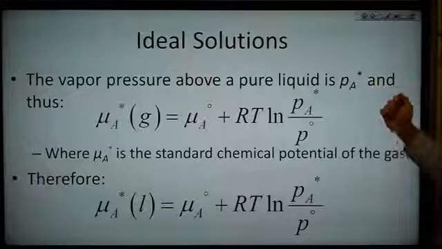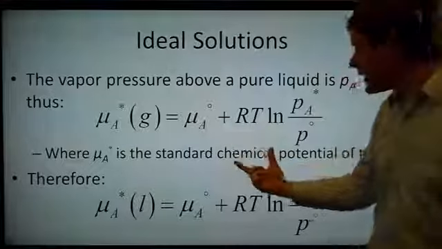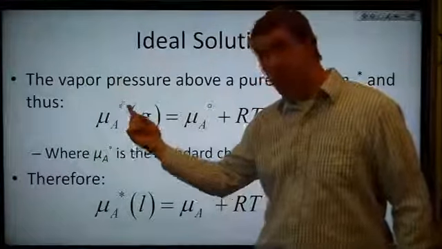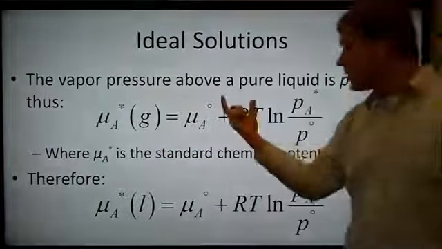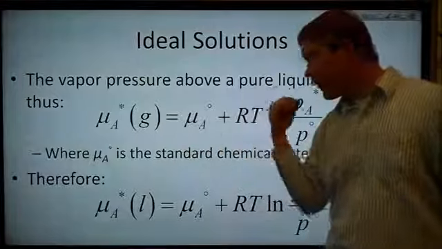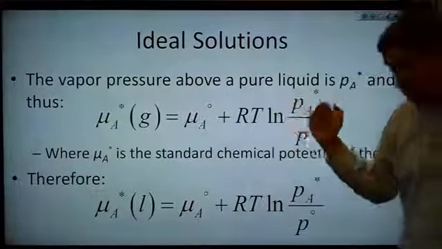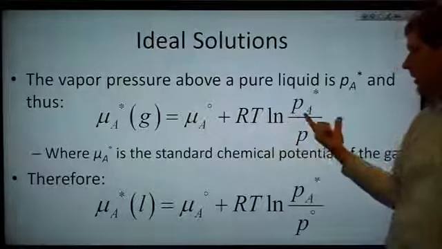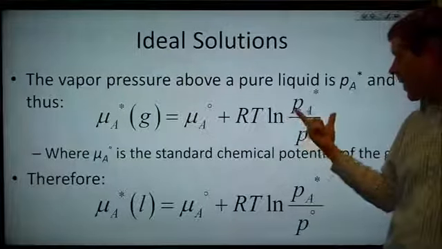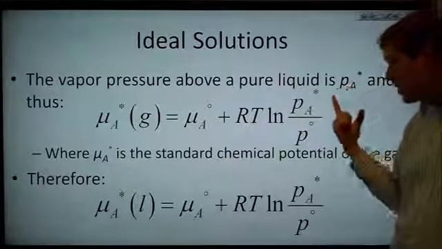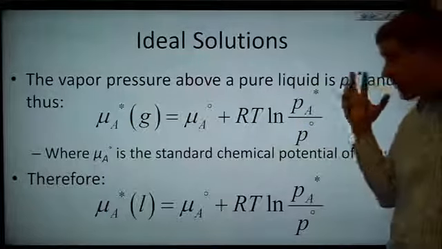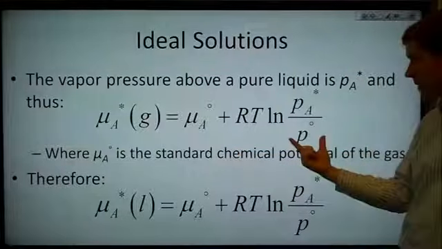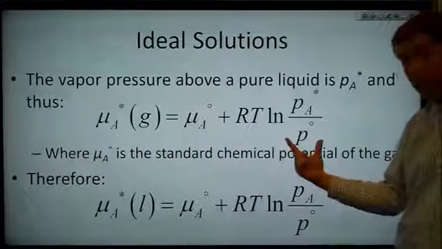So this is star, and that means that then we can say that the chemical potential of A when it's pure in the gas phase is the chemical potential of A at standard conditions, still pure, plus RT times the natural log of the vapor pressure of A at those conditions while it's pure. So this is at some other temperature than the standard temperature there, divided by P naught.